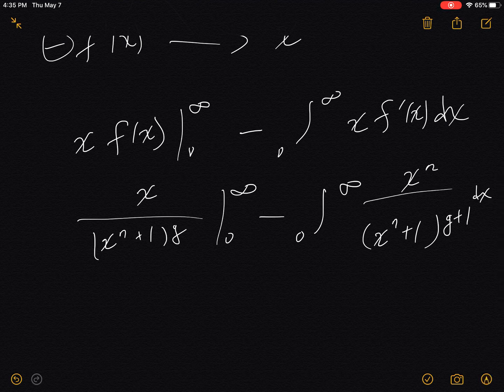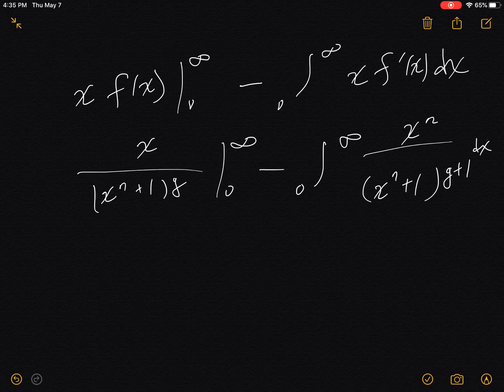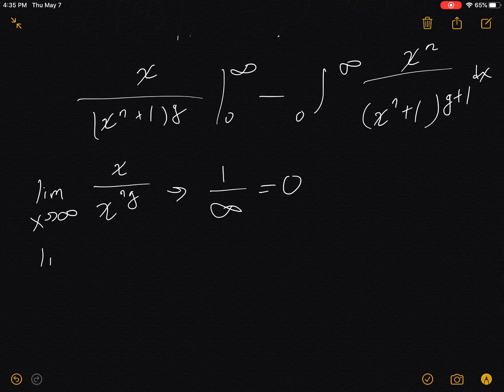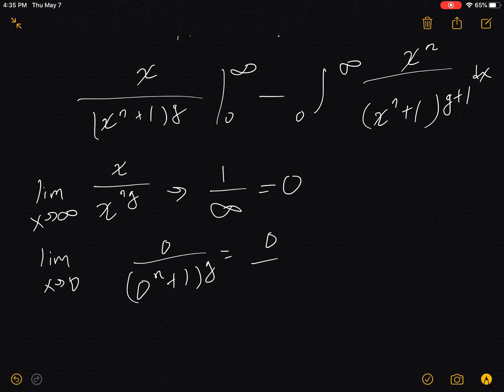As you can see, we have this left side, which we're going to have to figure out what happens as x goes to infinity, which you can easily solve using L'Hopital. All you have to pay attention to is x over (x^n plus 1) to the g, the limit as x goes to infinity. And you'll see that this goes to 1 over infinity, which equals 0. And if you plug in x equals 0, you'll get 0 over (0 to the n plus 1) to the g, which is 0 over 1. So you get 0.